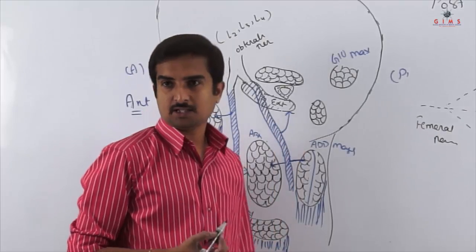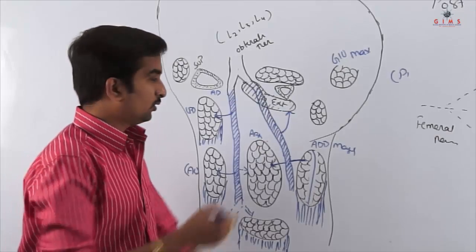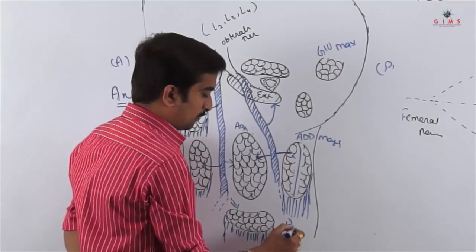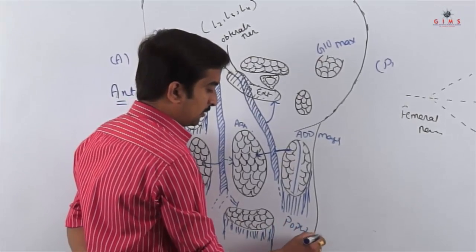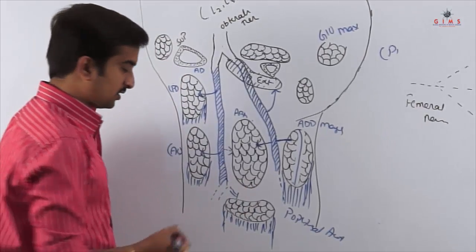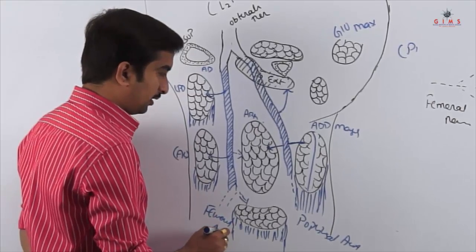These fibers end by supplying the popliteal artery. The anterior division ends by giving innervation to the femoral artery.